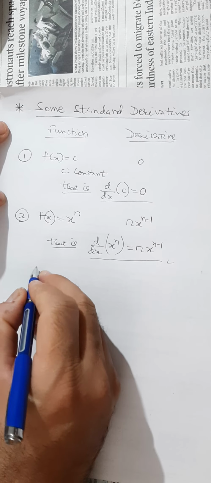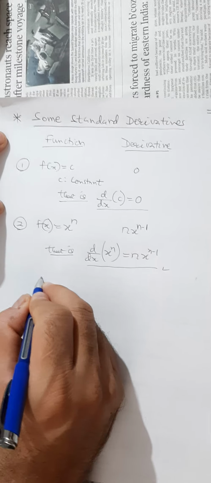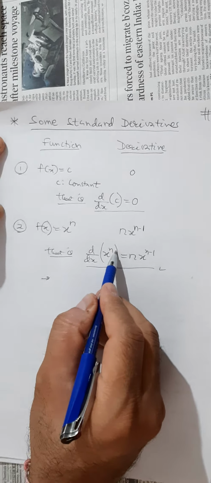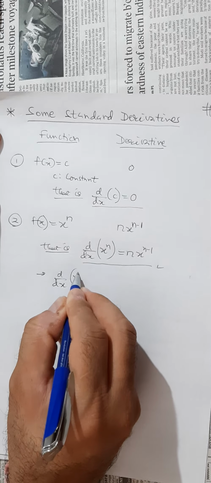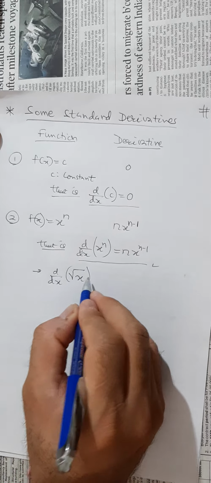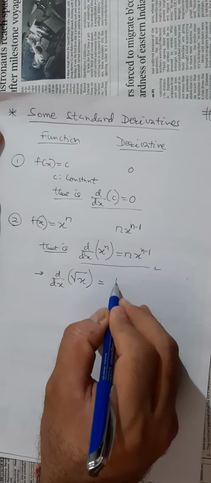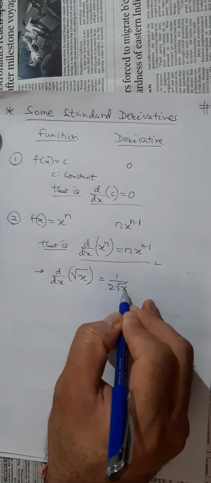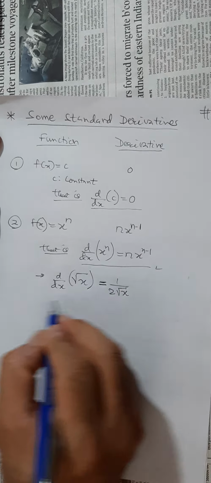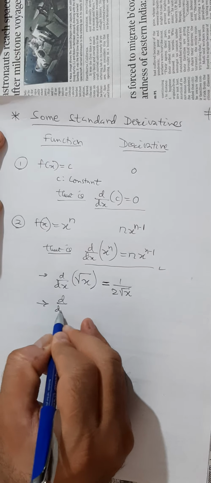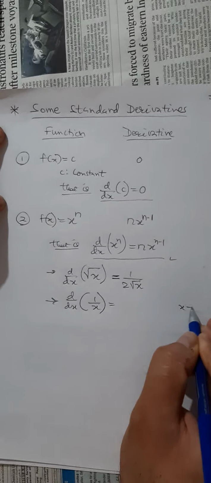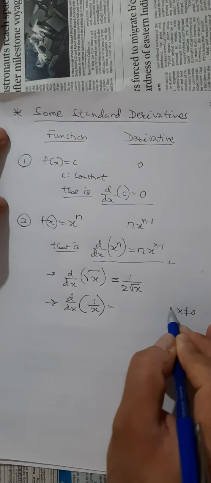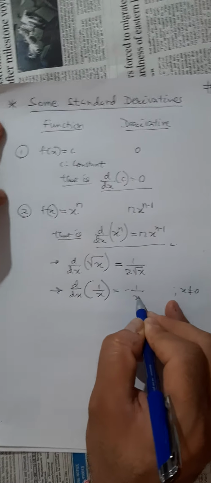Here are two special cases which we use. Instead of n, if I take 1 by 2, it is root x, which we also did. Derivative of root x is 1 upon 2 root x. One more, d by dx of 1 upon x, x should not be 0. That also we know, it is minus 1 upon x square.